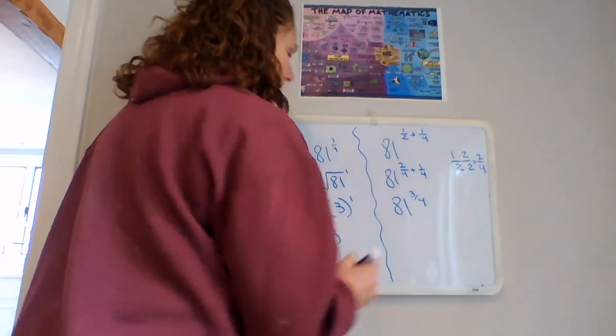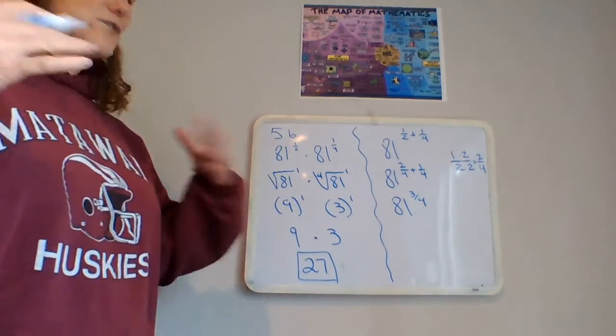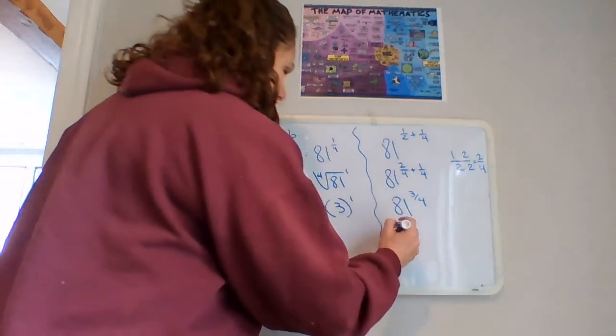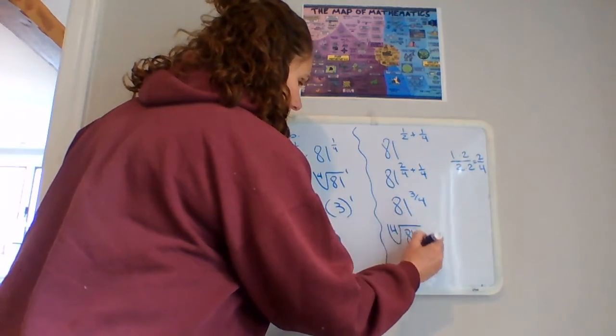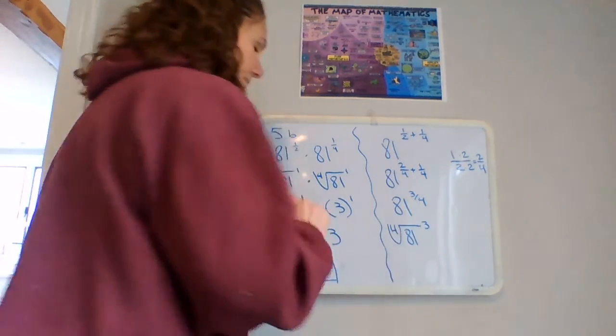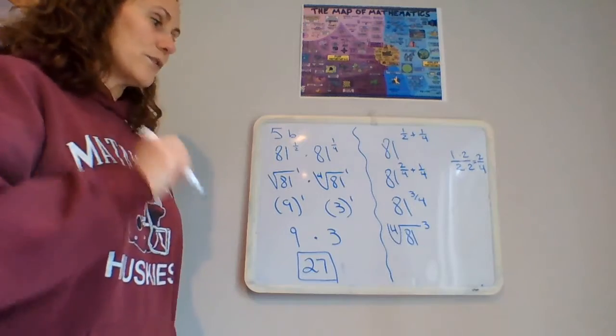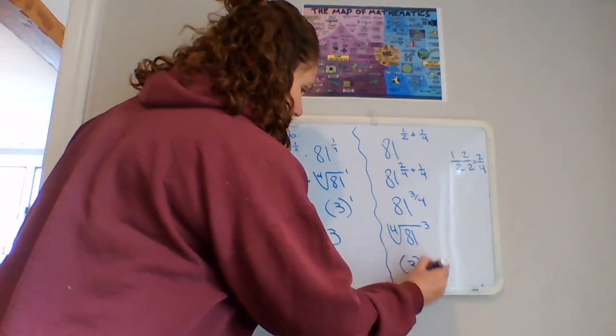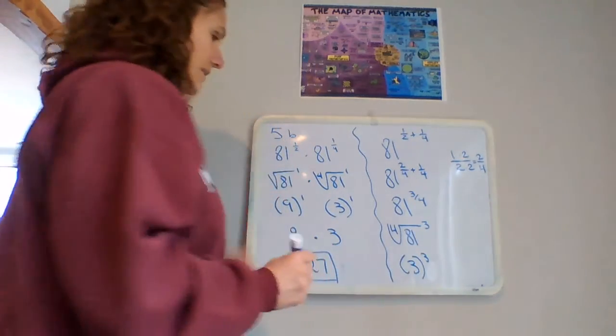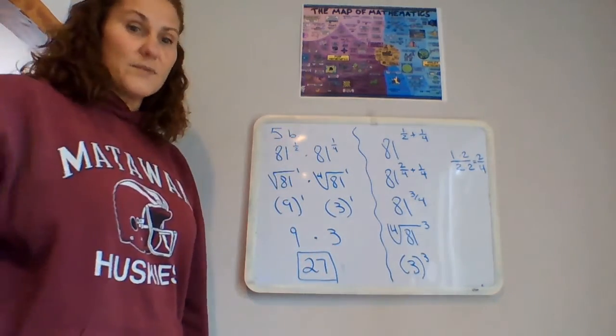to the 3/4. And now I have to try and do the question without a calculator. So this means the fourth root of 81 to the third. The fourth root of 81 is 3. So this becomes 3 to the third. And 3 to the third is 27.